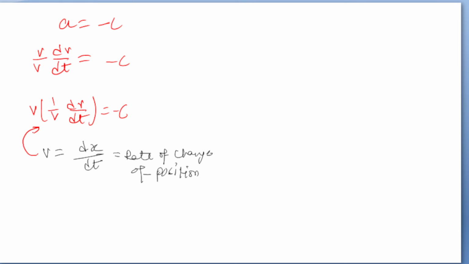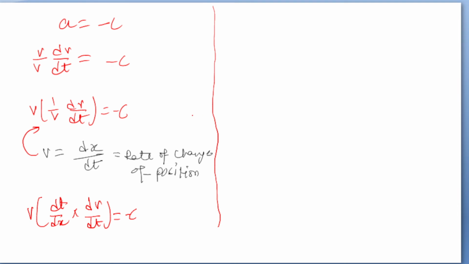So if we substitute here, this is dt by dx into dv by dt is equal to minus c. So this can be written as v dv by dx is equal to minus c. This is v dv is equal to minus c dx.